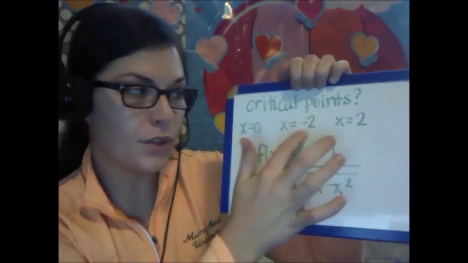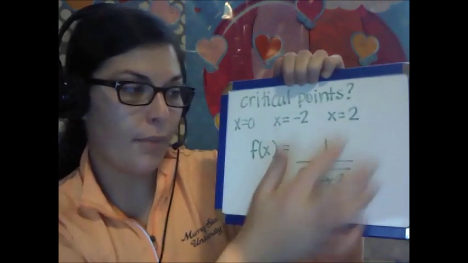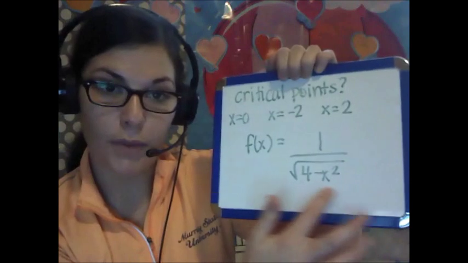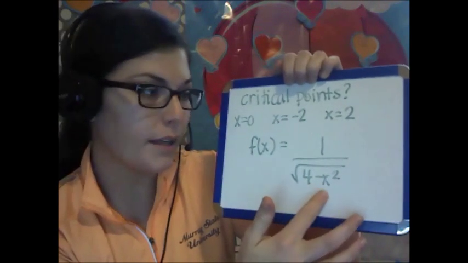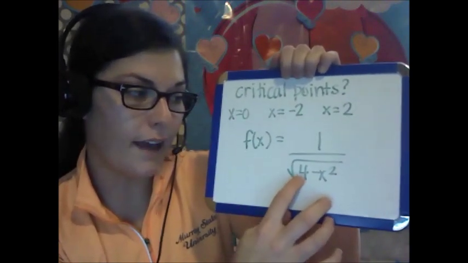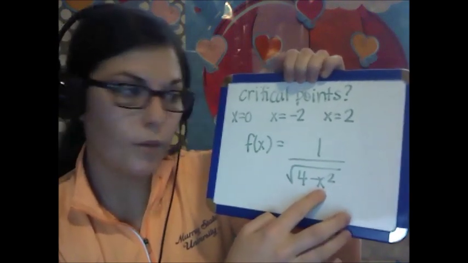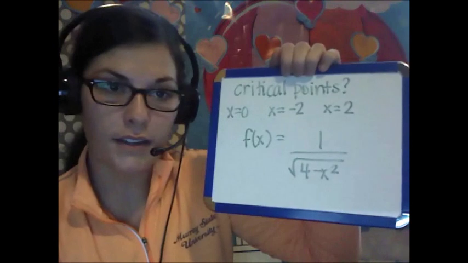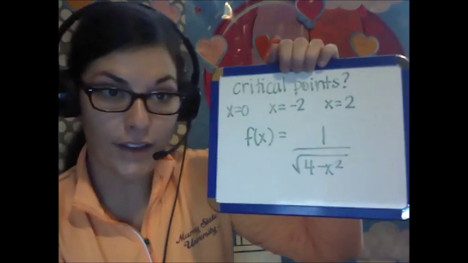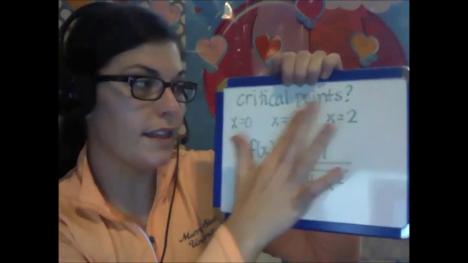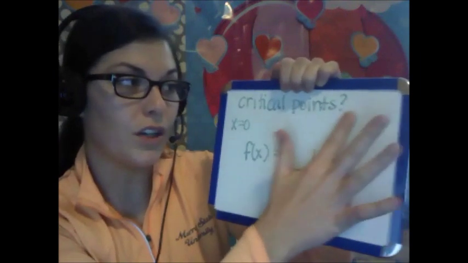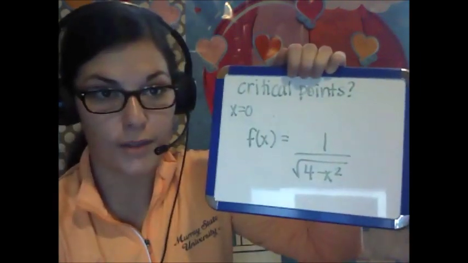However, if I substitute in negative 2 and positive 2 into the denominator, then I'm going to see that I have the square root of 4 minus 4. Well, since we have 0 in the denominator, I cannot divide by 0, which means that these two pieces are actually not critical points of my function.